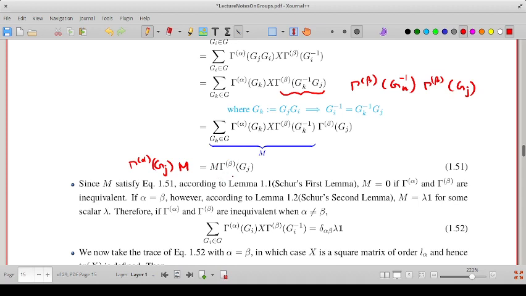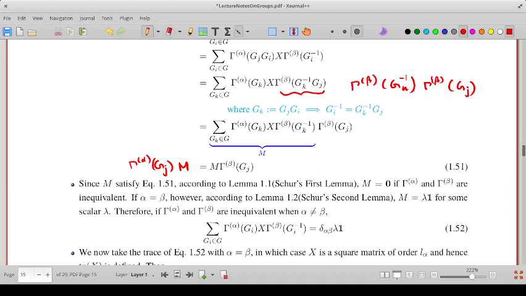Now if gamma alpha and gamma beta are inequivalent representations, the only possibility according to Schur's first lemma is that the determinant of M is not 0 would correspond to M being the null matrix. Okay, so if gamma alpha and gamma beta are inequivalent irreducible representations, then M is equal to 0.